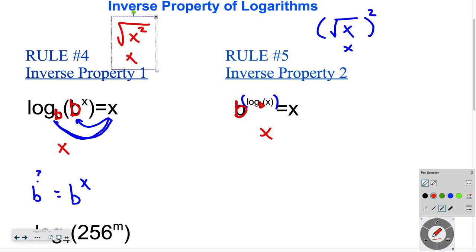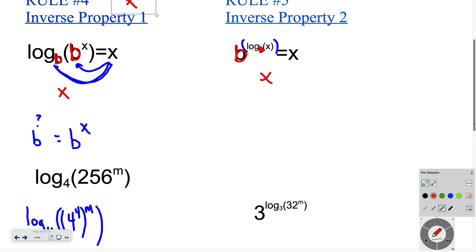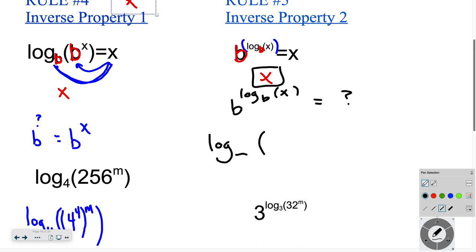One way to help you justify this also is if you started fresh again, base b to the log base b of x equals something. I'm going to call it a question mark. Could be a, doesn't matter, right? This is a power right now. This is what it equals, above, sorry. But if I wanted to rewrite this as a logarithm, I'd set up an empty log. Log base something of something equals something.